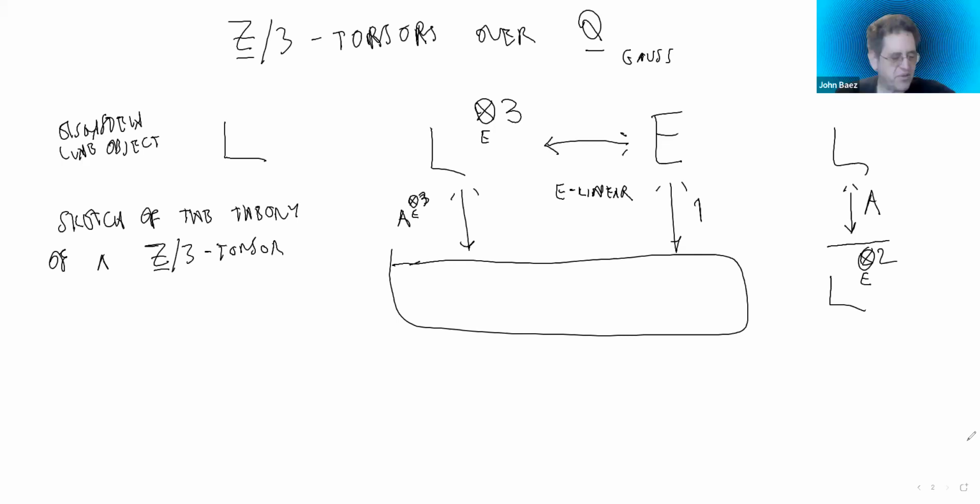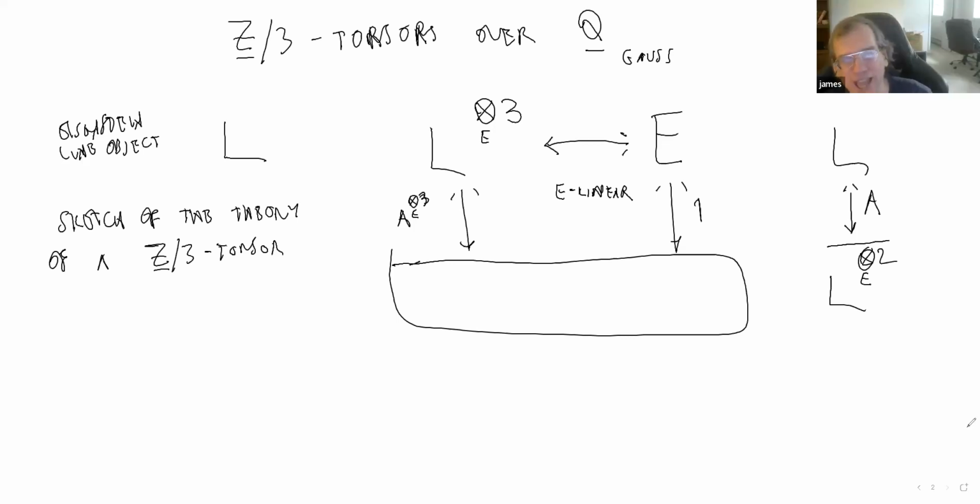I was hoping that you'd first say what's the grand plan here? You seem to be hinting that we might take this theory, I guess really doctrine, no, theory, this theory, and somehow do something to it to get the theory of Z mod 3 torsors over, for example, the Gaussian field.